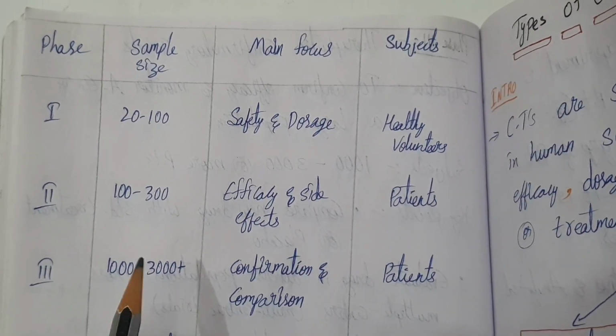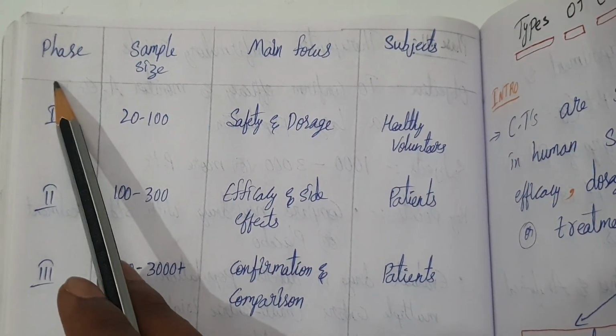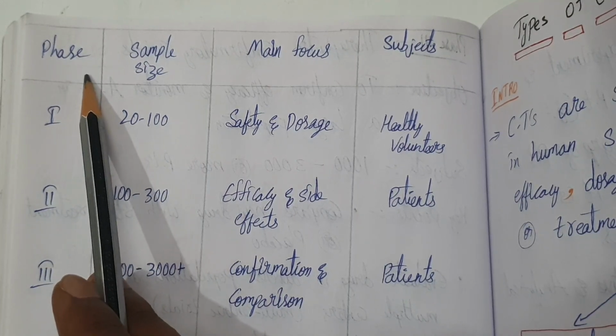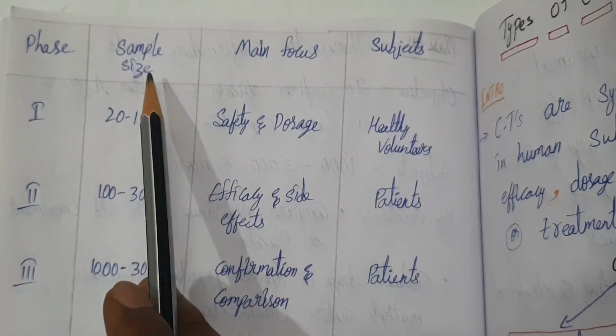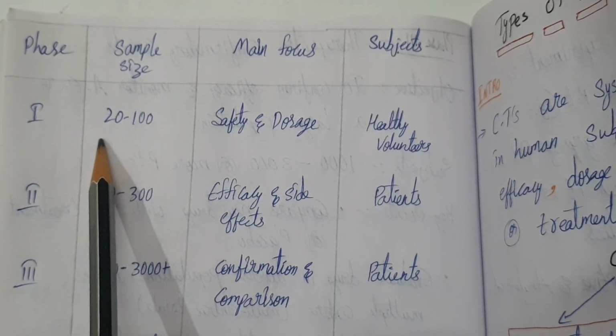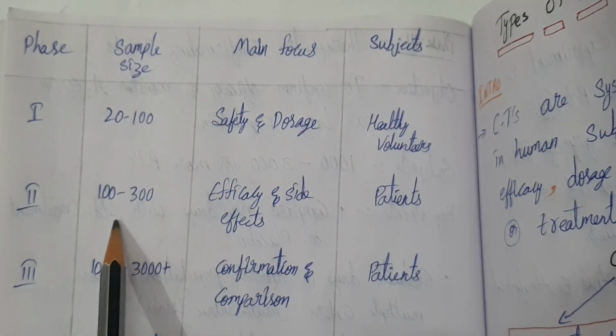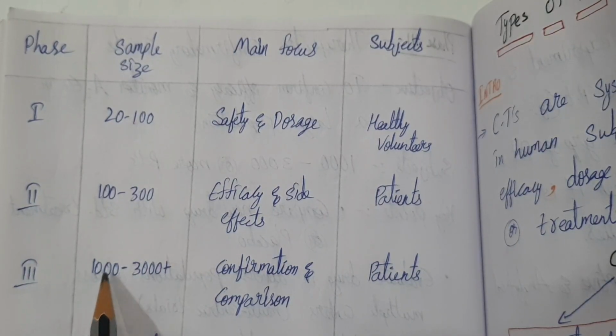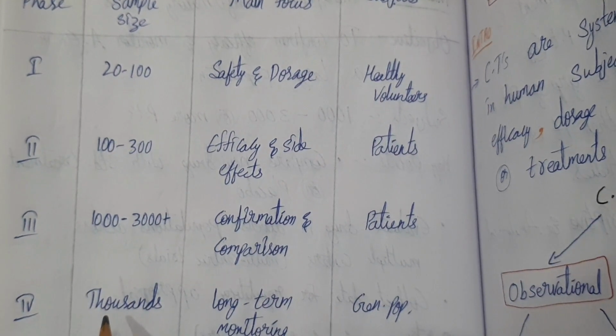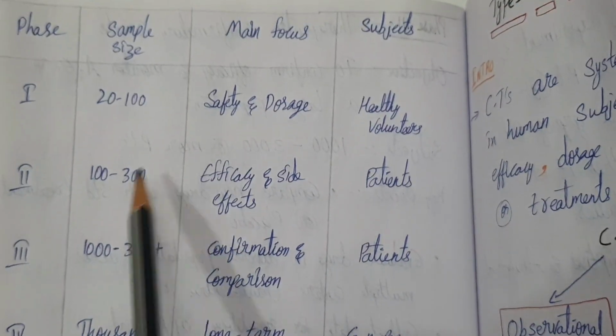So it's a quick recap. On my left-hand side, it is phase 1, 2, 3 and 4. The sample size is 20 to 100 in phase 1, followed by 100 to 300, then we add one more zero, 1000 to 3000, and in phase 4, thousands.